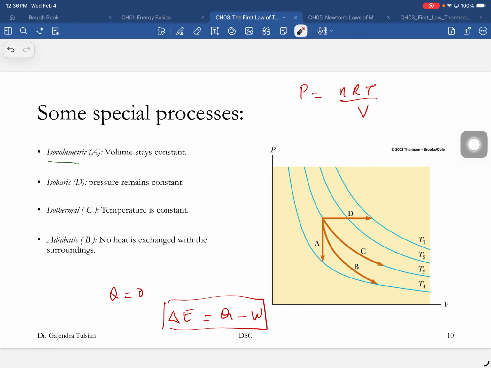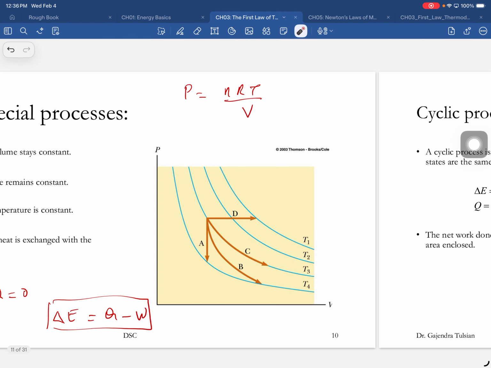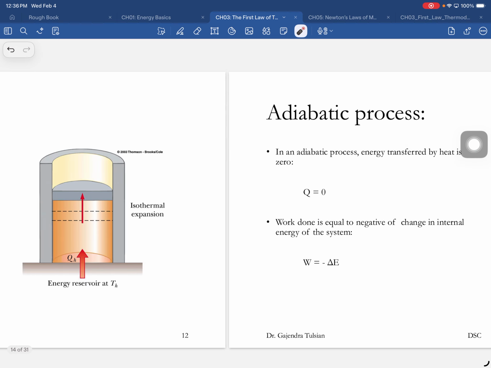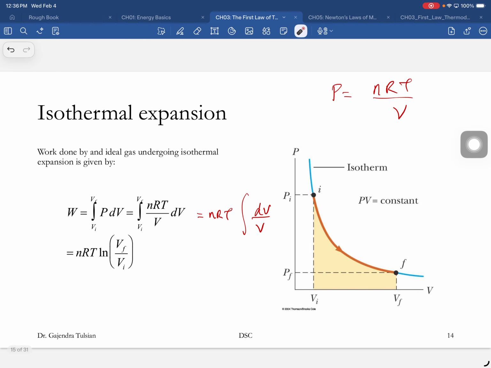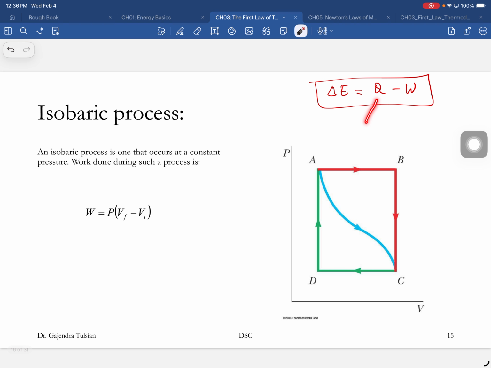So we talked about some of these processes. Again, in an adiabatic expansion, your temperature decreases, and in an adiabatic compression, your temperature would increase. Okay? Now we talked about all of that, and then we said something about each of these terms for those processes.